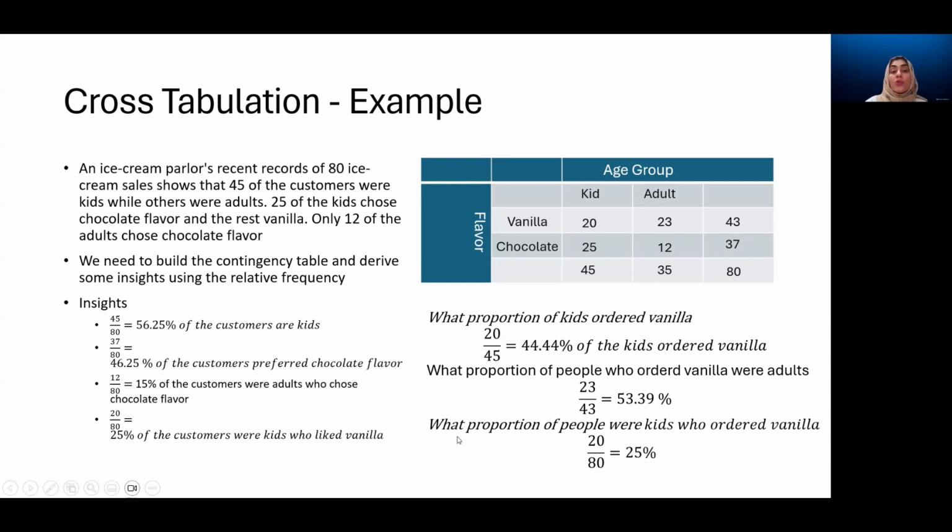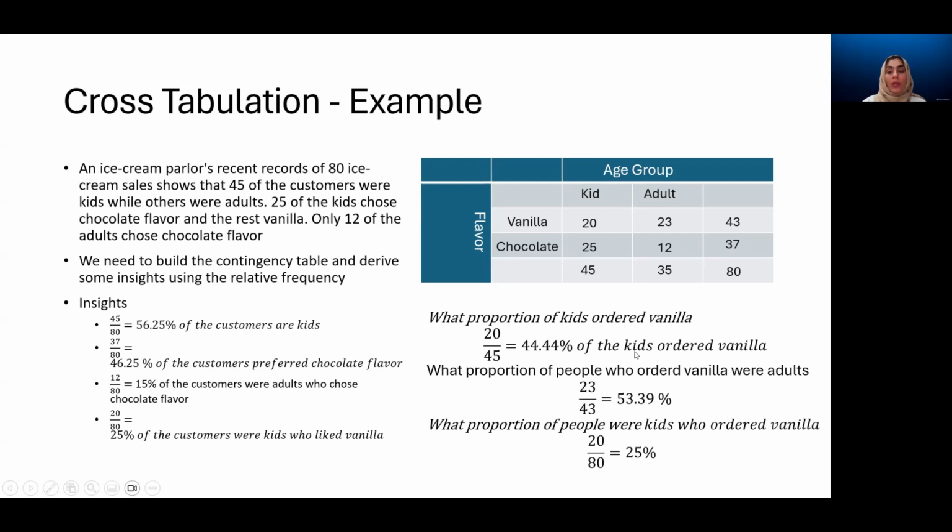But here we are looking at the proportion from the overall set, which is 80 people, and we want to see those records which had two characteristics. One is that they were kids, and the second one is that they ordered vanilla. And this is the cell which gives us the records with the desired characteristics. So we calculate it as 20 divided by 80, which is equal to 25%.